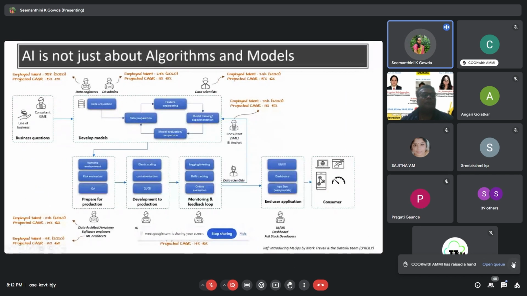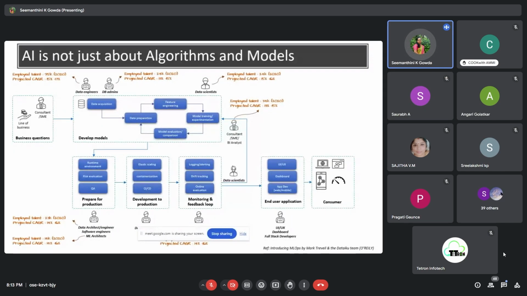As we all know, AI is not just an algorithm or just a model. Initially, we start with the data acquisition process, later the data pre-processing, and next we deal with feature engineering, as well as the evaluation and experimentation process. Whenever we talk about AI, we start creating intelligent machines.